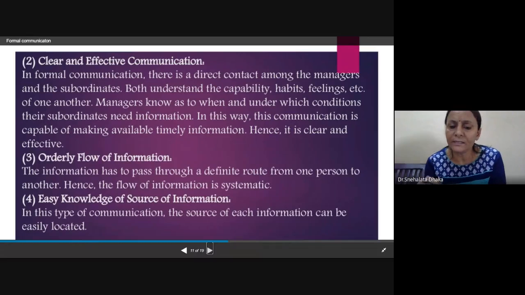People will understand that information easily, and if that decoding by the receiver is happening clearly and correctly, then it will convert into effective communication. Then the result will be as per the expectations, as per the planning.